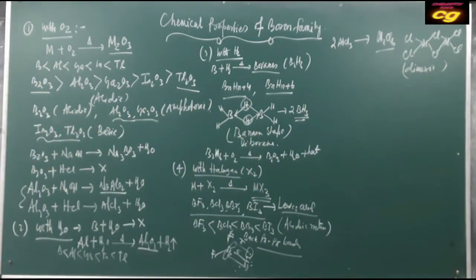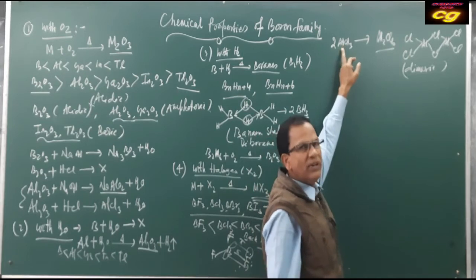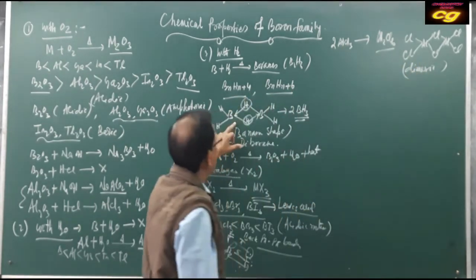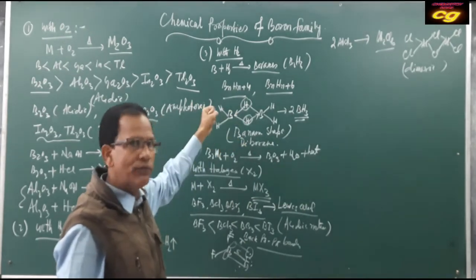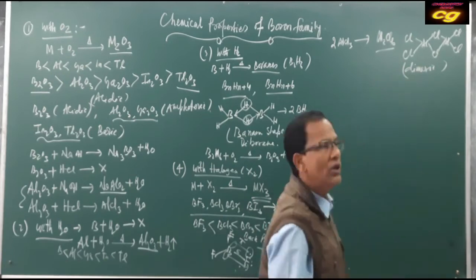It exists in dimeric form due to the availability of vacant orbitals in aluminum. Just like already discussed, diborane, the dimeric form of BH3, and the dimeric form of AlCl3, Al2Cl6.